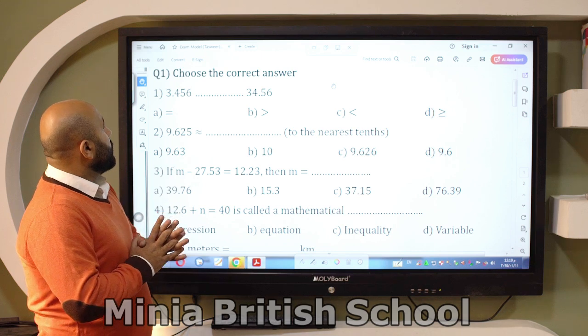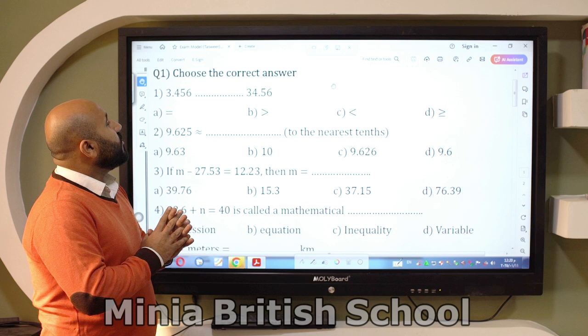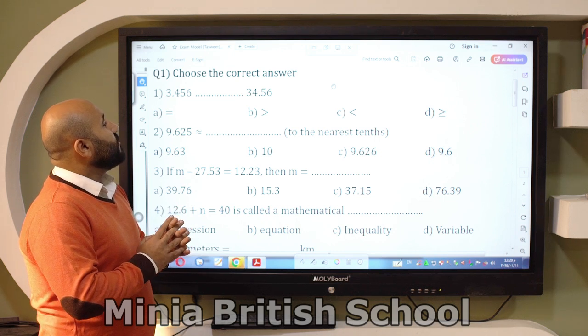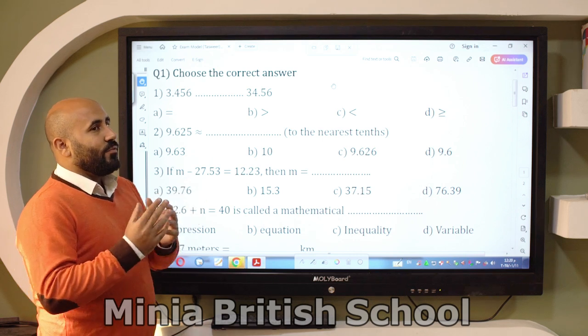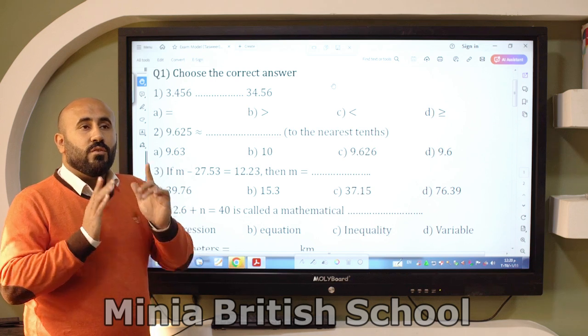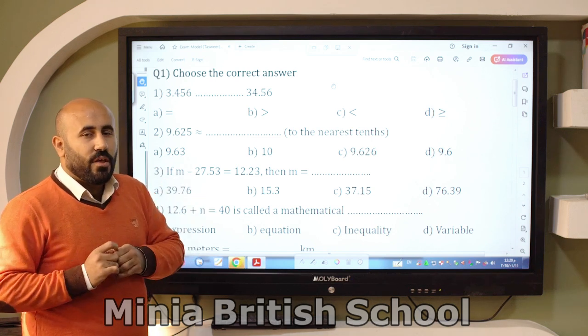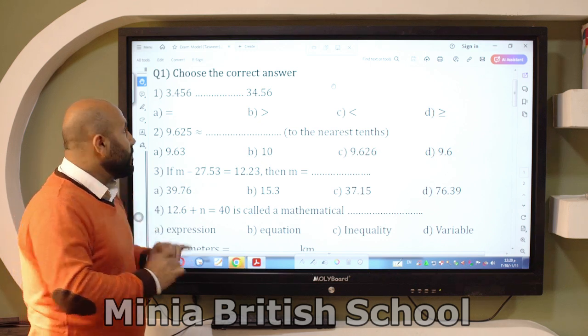The first question: 3 and 456 thousandths and 34 and 334 hundredths. Which one of them is greater? First rule, look at the whole part. The whole part is the key to answer this question.